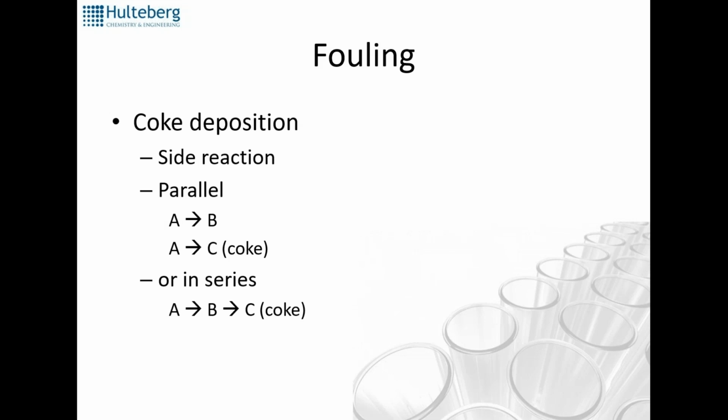Coke formation or coke deposition is, of course, a side reaction. It's usually a parallel reaction where you have reactant A going to product B, or the reactant can form the coke, so A going to C, or it can indeed happen in series, where you have A going to B, and B is then transformed into the coke.